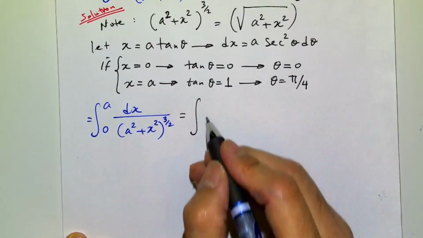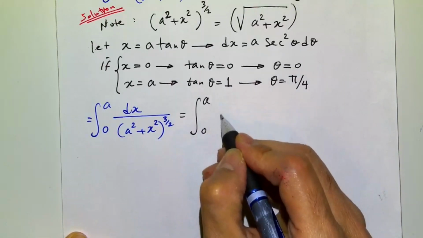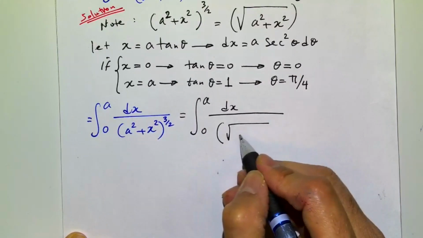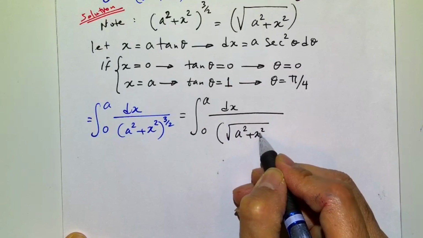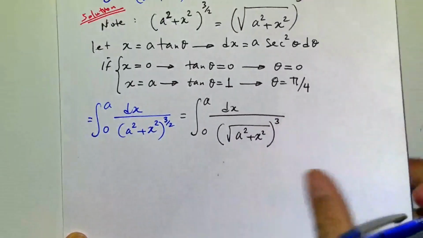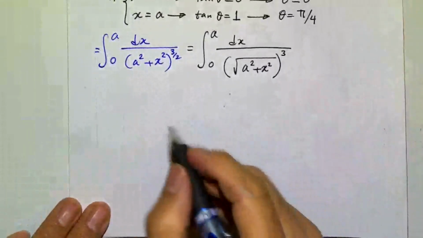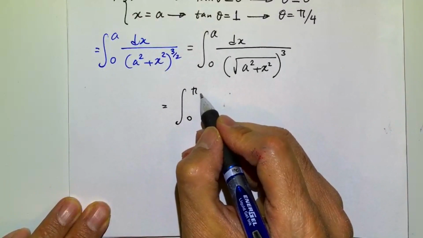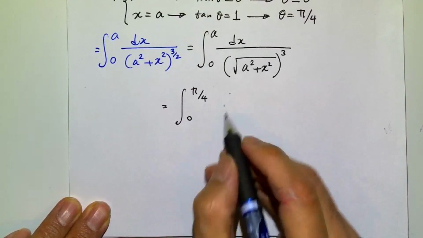So 0 to a, dx over the square root of a squared plus x squared, cubed, right? Now let's apply the new limits of the integration. I'm going to have to use a next page for the rest of the solution of this.